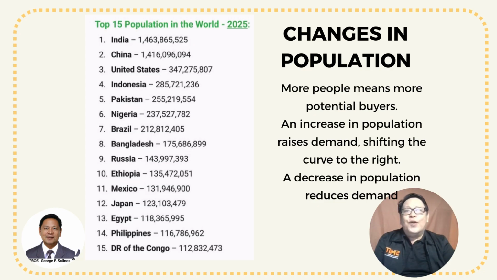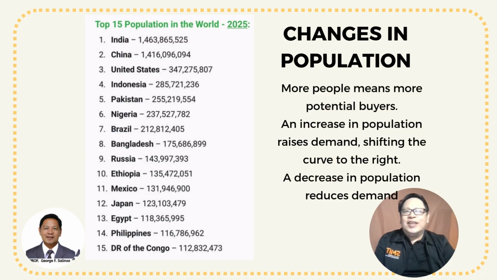More people, or an increase in population, means more potential buyers, which raises the overall demand for goods and services. This is represented graphically by the entire demand curve shifting to the right. Fewer people, or a decrease in population, means fewer potential buyers, which reduces the overall demand.